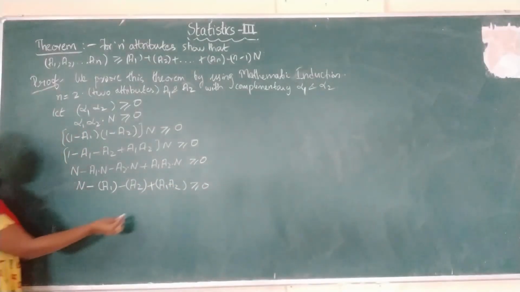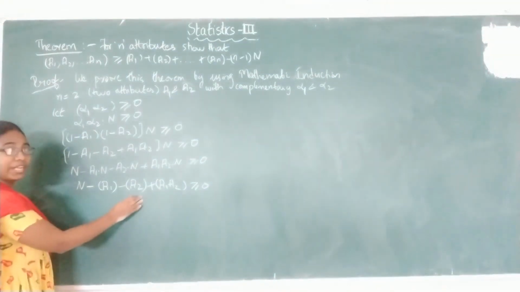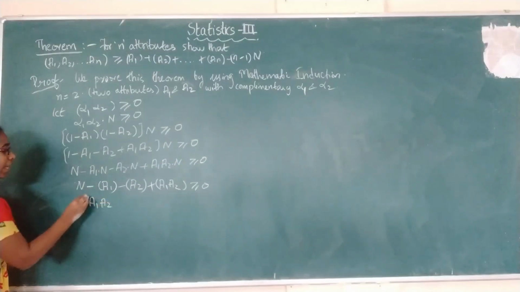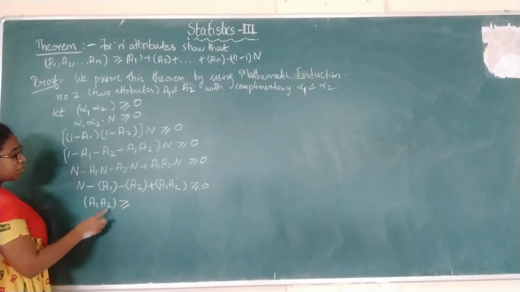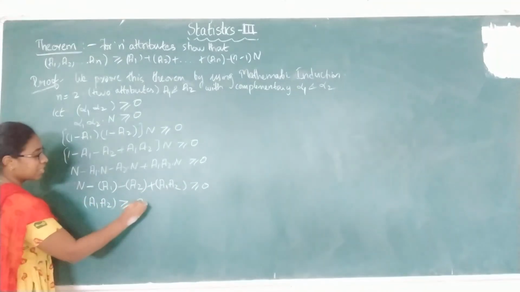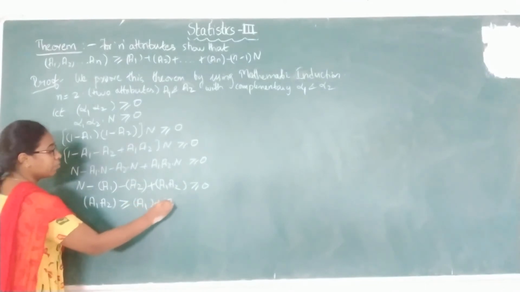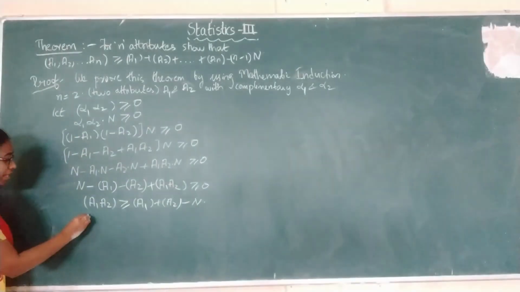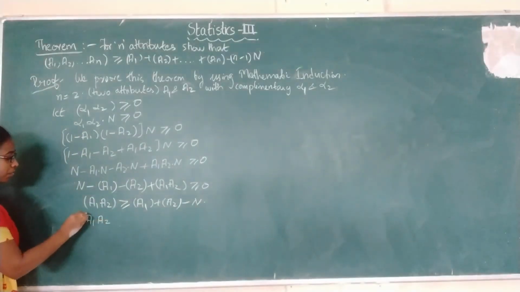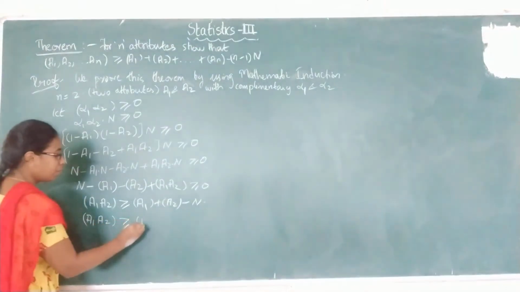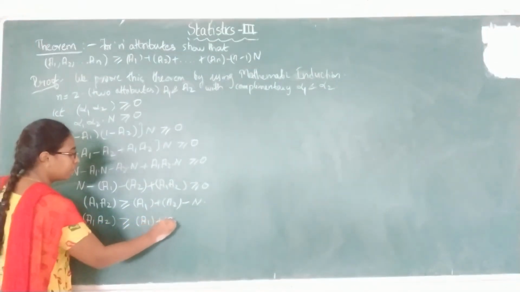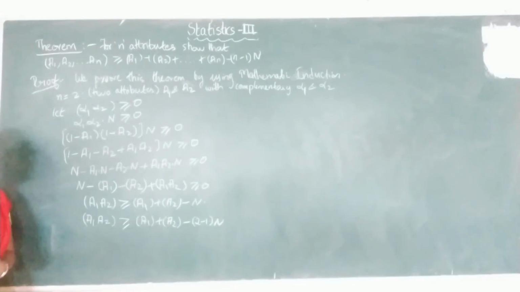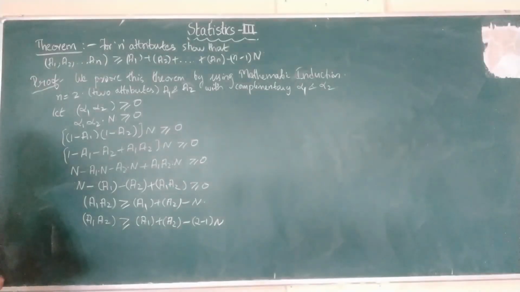Now if you observe, I put only these two terms here and send the remaining terms to the right hand side. So what do I get? A1 A2 is greater than or equal to, this minus A1 comes to that side, plus A1 plus A2, and this plus N comes to that side, minus N. So this can be written as A1 A2 is greater than or equal to A1 plus A2 minus (2 minus 1) into capital N. So 2 minus 1 is nothing but capital N itself.